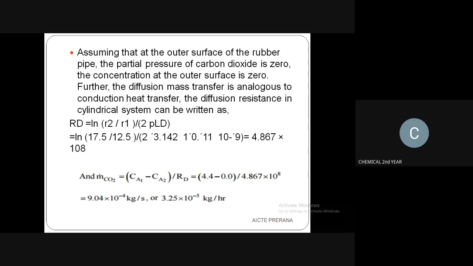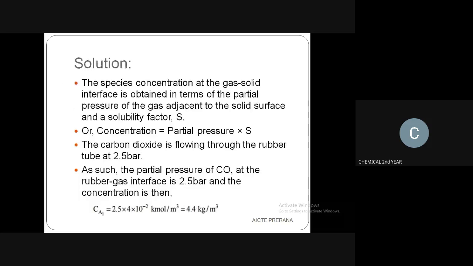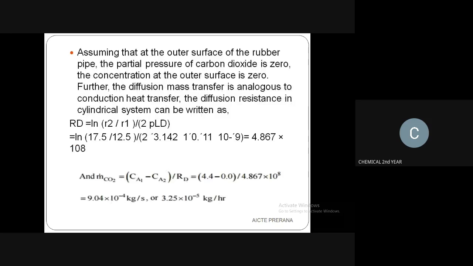Here R2 and R1 are nothing but the radii of the pipe.